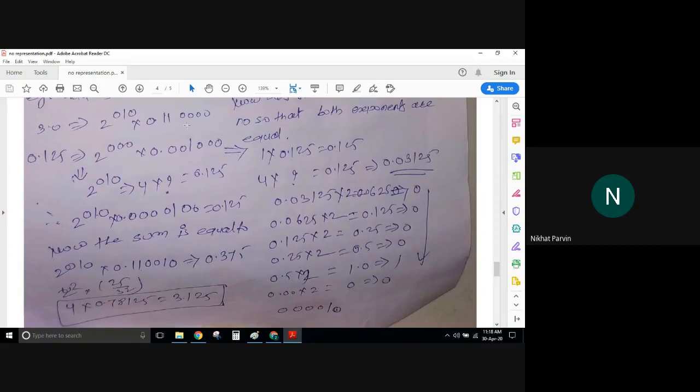Okay. And now this plus this. If you add this fractional part, what do you get? 0 0 0 1 1 1 1 1 4 0 0. What was the answer?